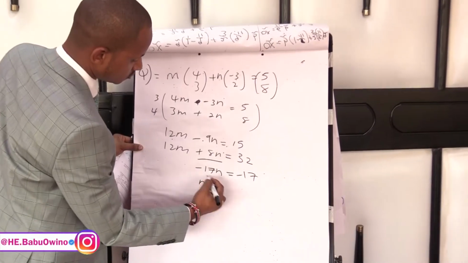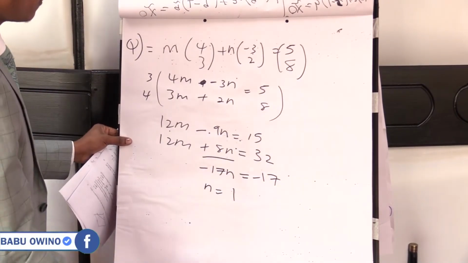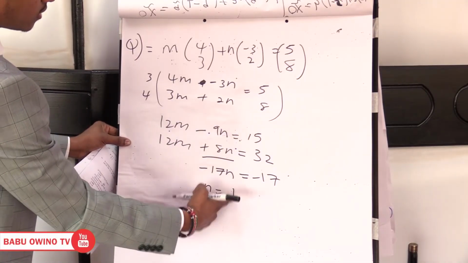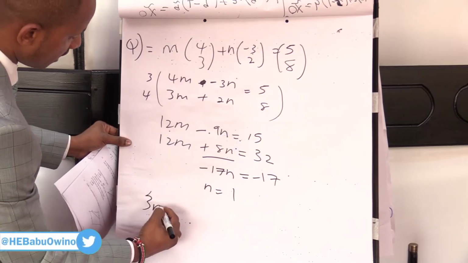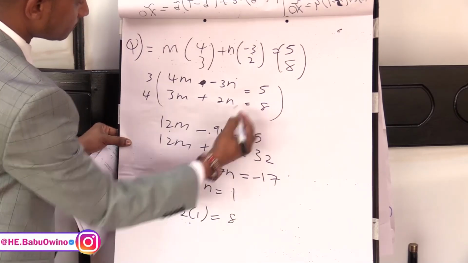So n equals minus 17 divided by minus 17, which is 1. Therefore, by substitution, where n is 1, we replace 1 here. So 3m plus 2 into 1 equals 8.